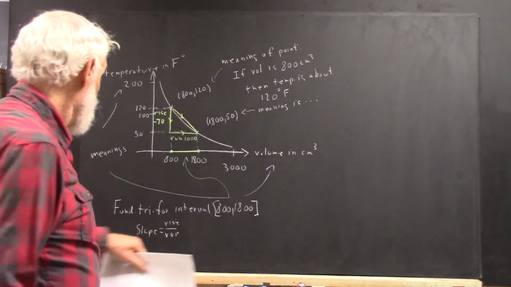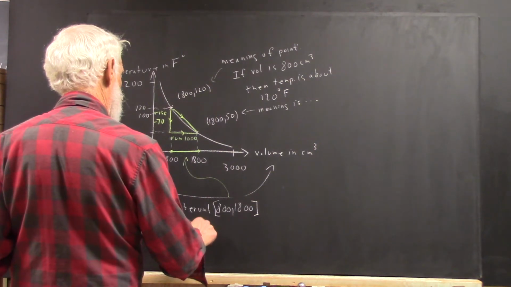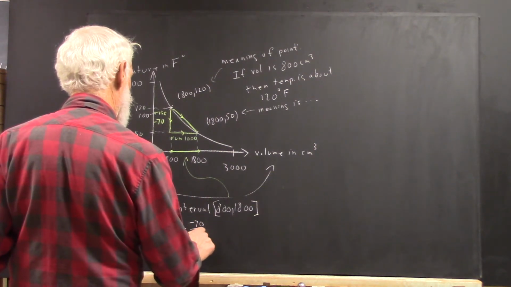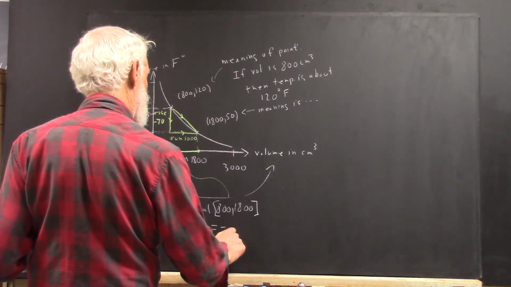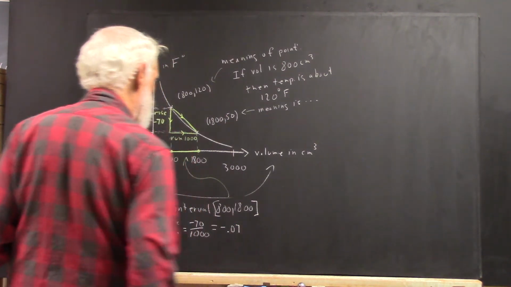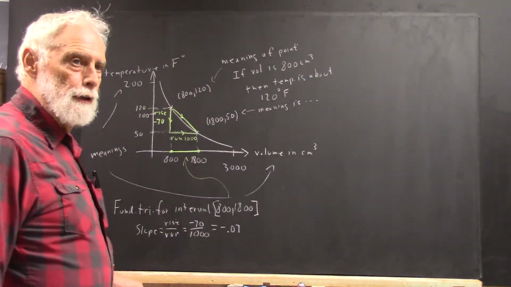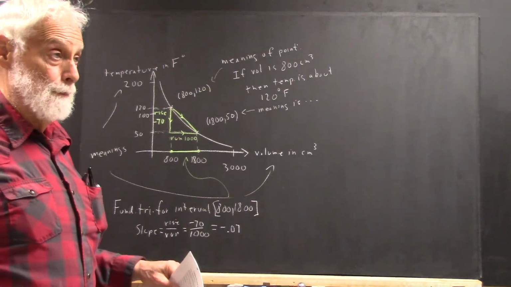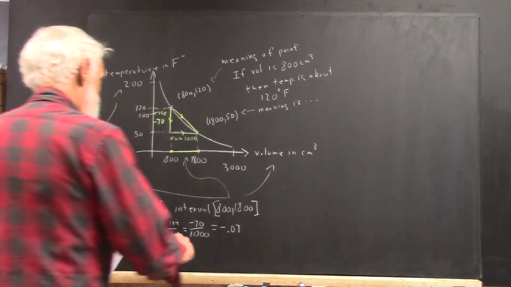So over here, I write this out. Slope equals rise over run equals negative 70 over 1,000, which is negative 0.07. Now, if the numbers are ugly, you can just leave it as a fraction unless you have to use it for something. These numbers are simple, so it's pretty easy to get that result.